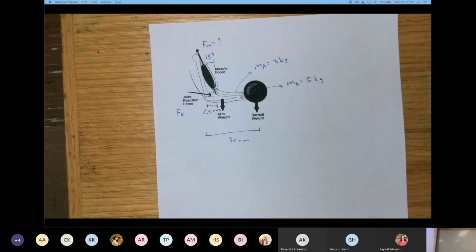So that would be the first thing. This angle to the something.